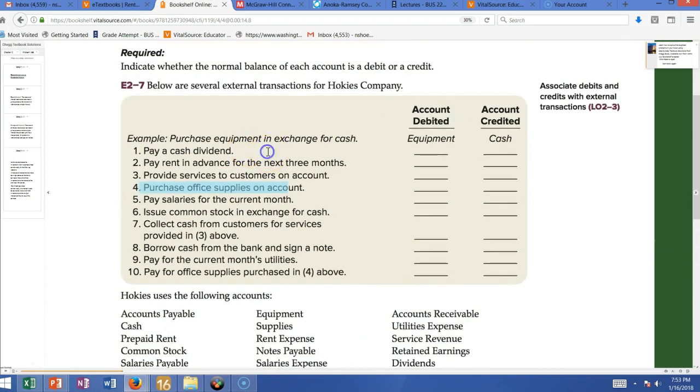So let's just look at the first one. Pay a cash dividend. Think about it a minute, guys. When you pay a cash dividend, what accounts are affected? Cash and retained earnings. But look at what accounts they want us to use now.